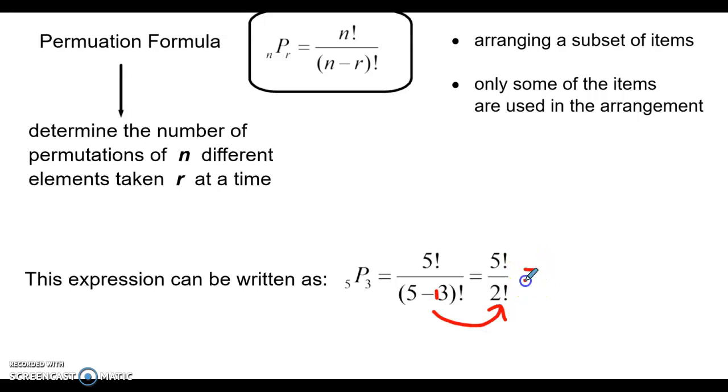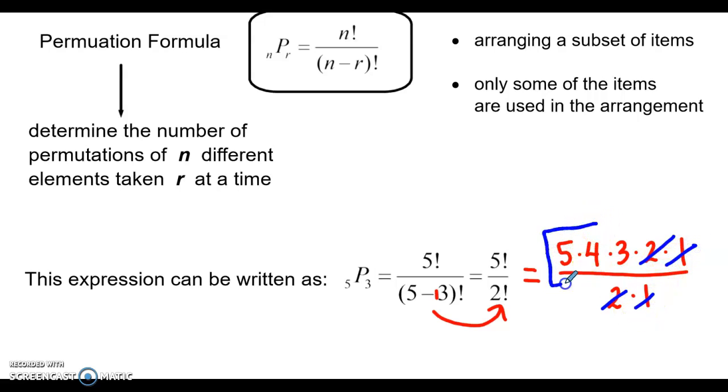Let's just continue here. Again, we saw back in section 2.2, 5 factorial is 5 times 4 times 3 times 2 times 1, all over 2 factorial, 2 times 1. And we end up with the 2 canceling out. 2 divided by 2 is 1. 1 cancels out.